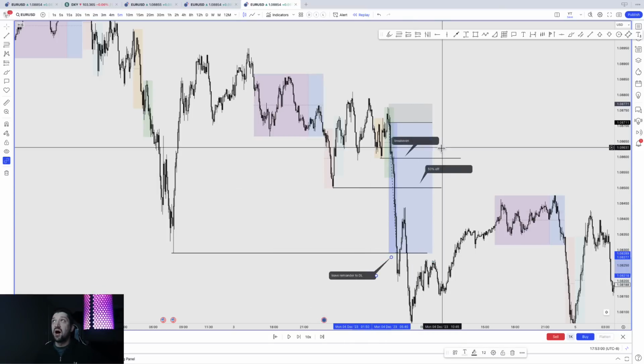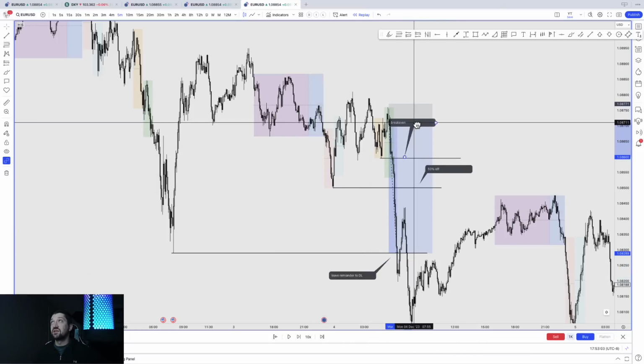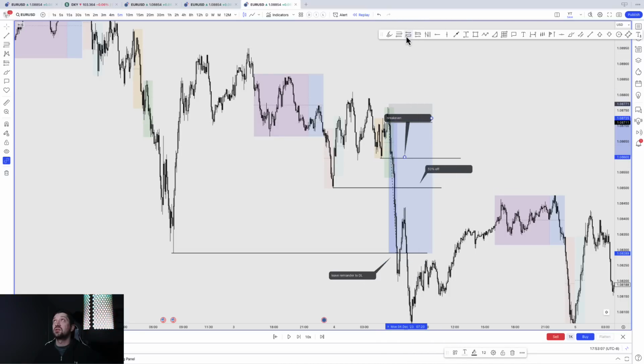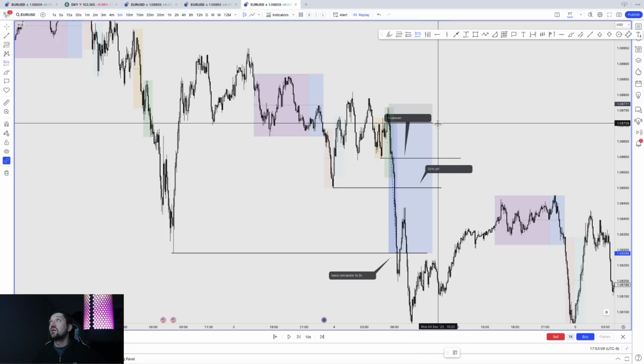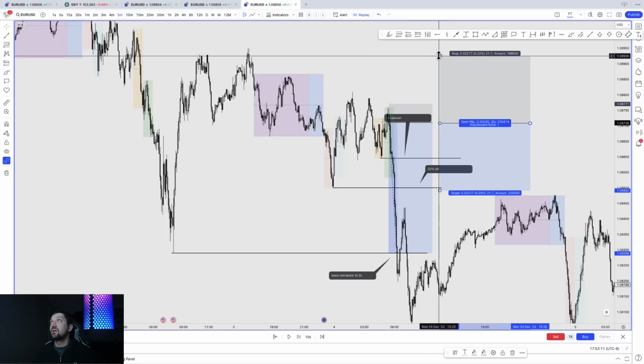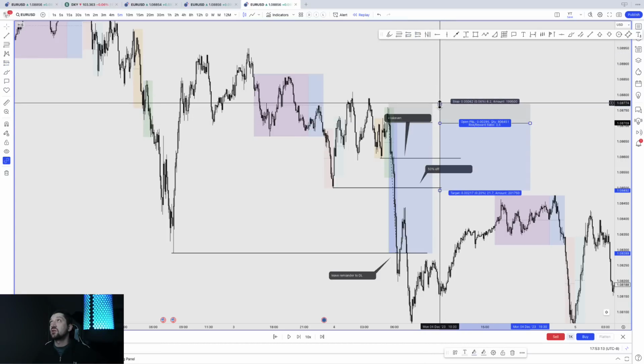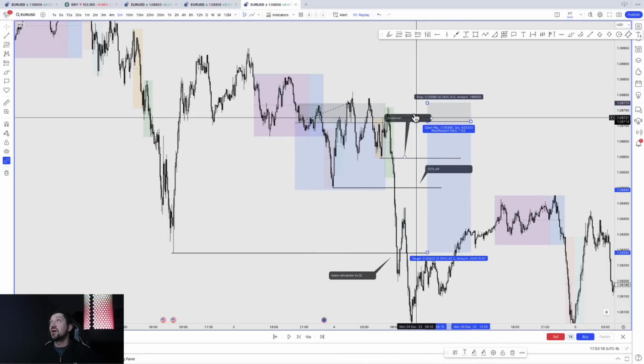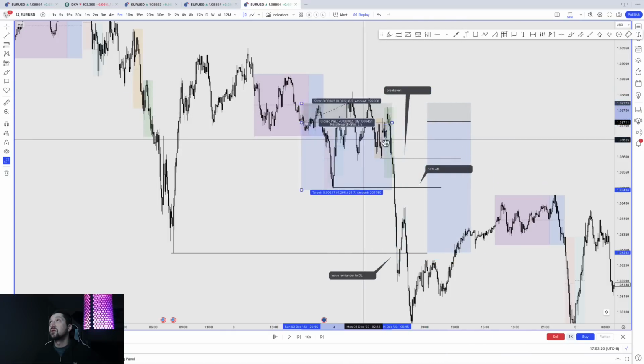So what my journal would look like for this day is I will actually put this trade on the chart. I'm kind of doing this backwards, actually. What it would actually look like is I would have what should have happened on the chart.